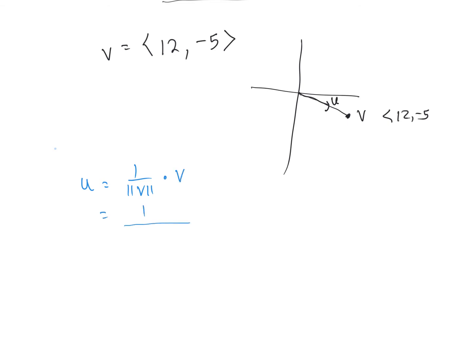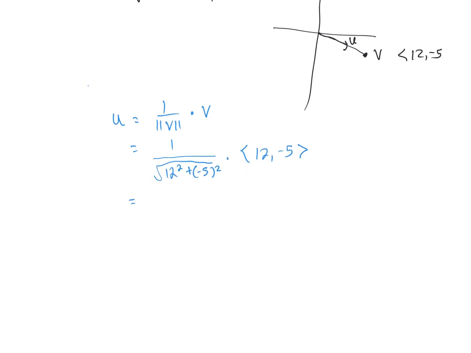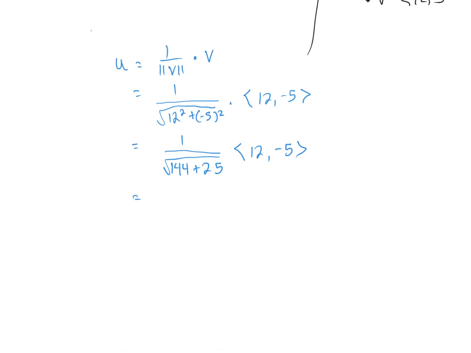where the magnitude is the distance formula. So we use 12 squared plus negative 5 squared, times 12, negative 5 in the components. 1 over 12 squared is 144 plus 25, times the components. 144 plus 25 is 169, so 1 over the square root of 169 times 12, negative 5, which is 1/13.